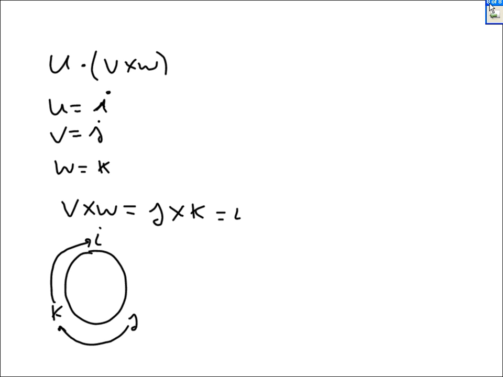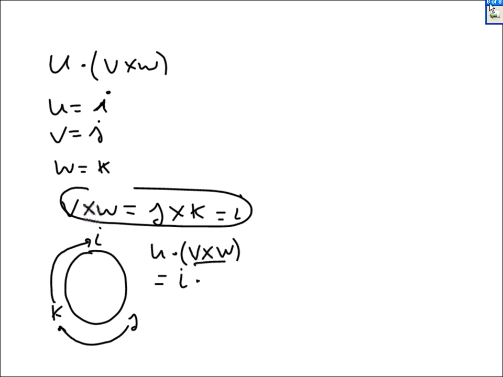Okay, this is i. But I want u dotted with v cross w. So I get u, which is i, dotted with v cross w, which is i. I get i dotted with i. i is 1 i, 0 j's, 0 k's.